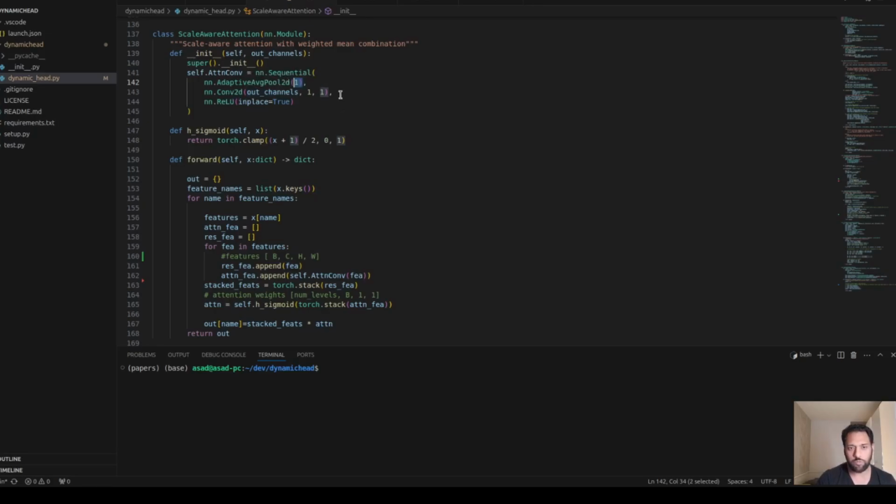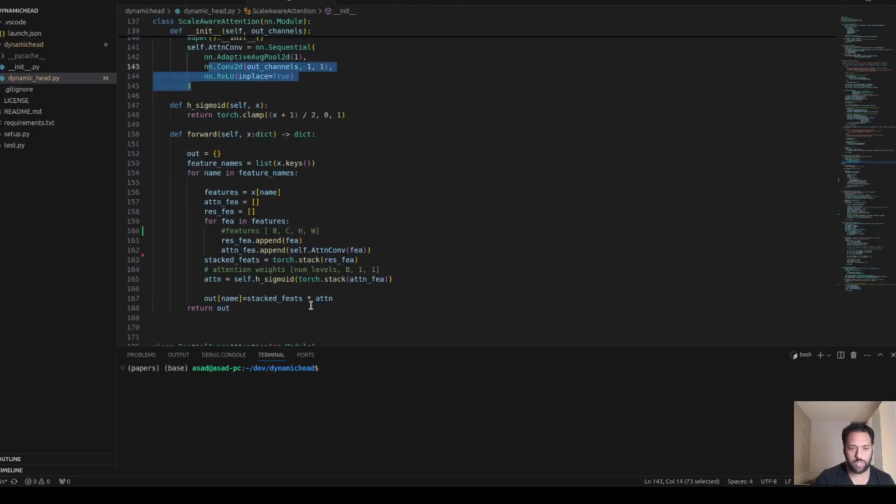It passes through one by one convolution, whose output channel is also 1, so it also reduces the spatial size. It passes through ReLU, and then finally through the hard sigmoid, and then we multiply the input features, this input feature stack, by this attention.